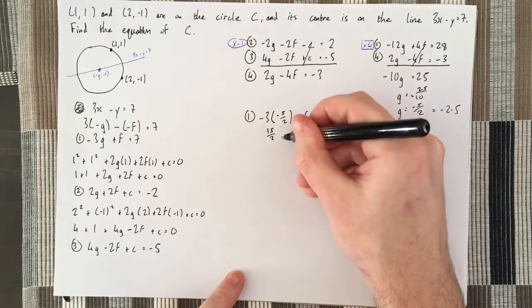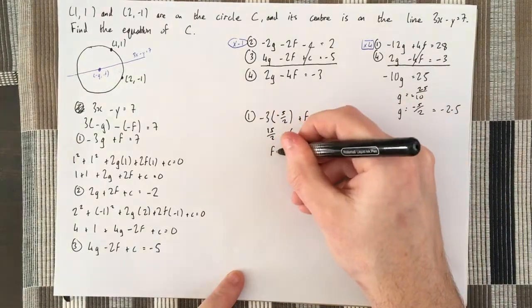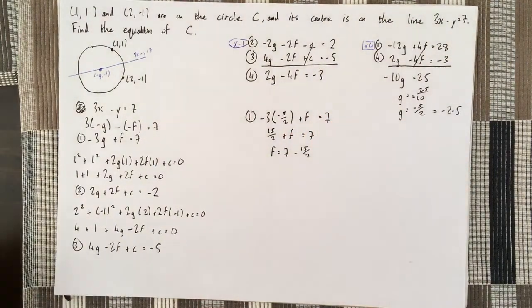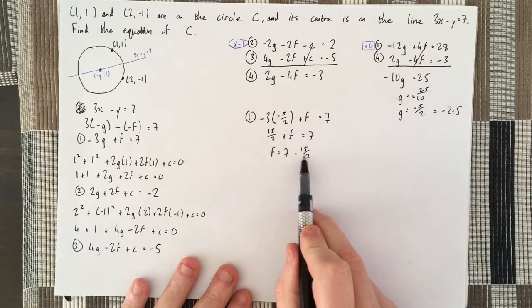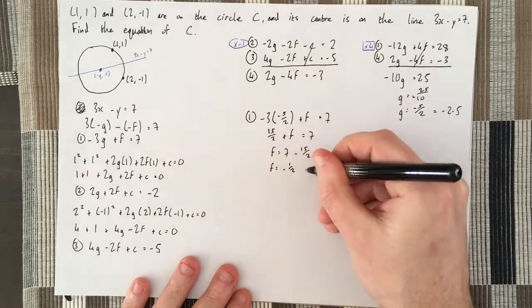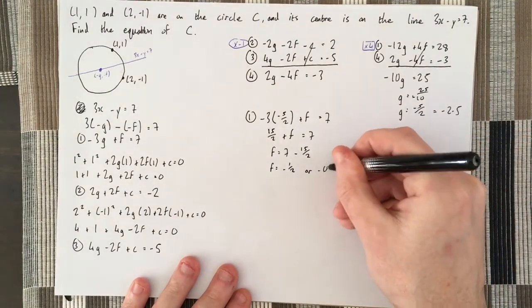So 15 over 2 plus f is equal to 7. So f is equal to 7 minus 15 over 2. So that is equal to minus 0.5, or minus a half. All right, so that's 7.5. So f is equal to minus a half or minus 0.5.